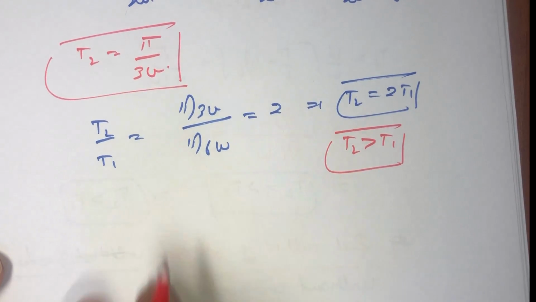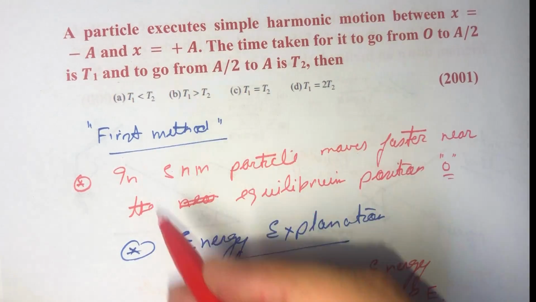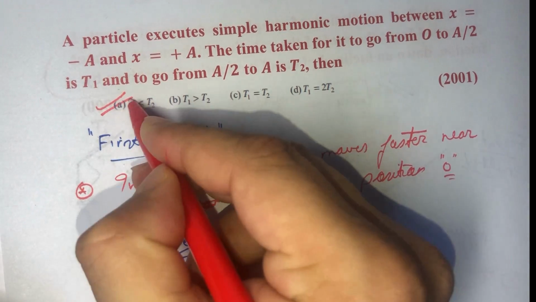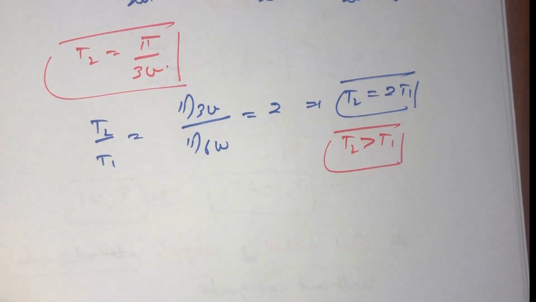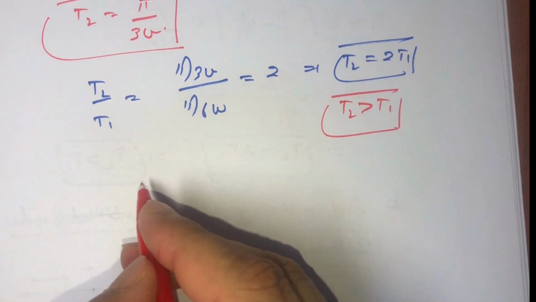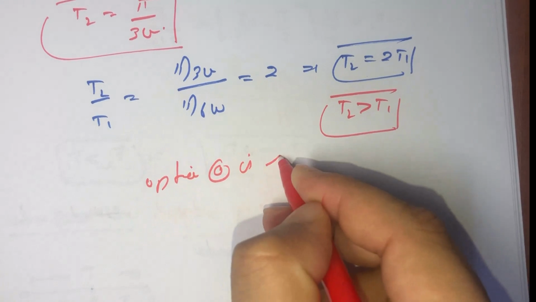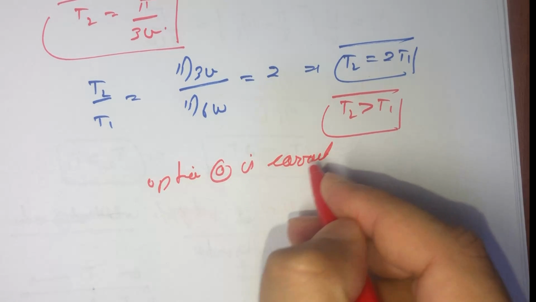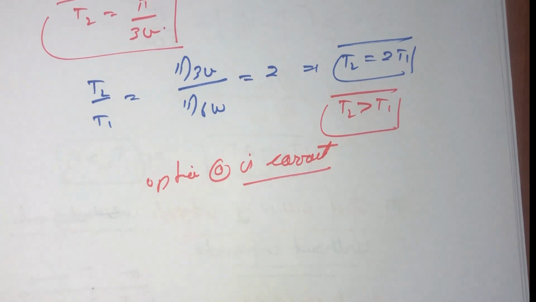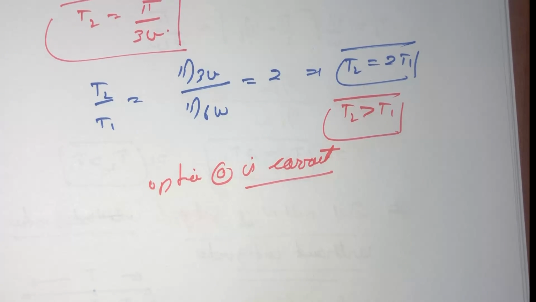So it means option A is our correct option. Okay, option A is correct. So this completes the question. Thank you.